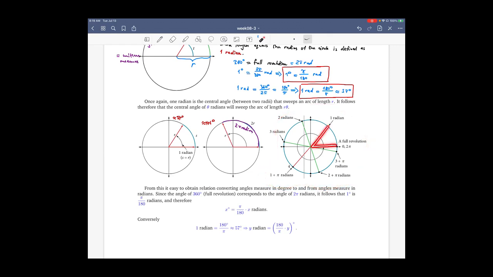This here is 1 radian, roughly 57 degrees. This here is 2 radians, roughly 114 degrees. This here is roughly 3 radians, and you can compute how many degrees that is by multiplying 3 by 57. So that is roughly 57 by 3, which is 150 plus 21, roughly 171 degrees.